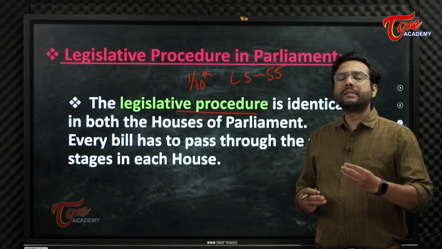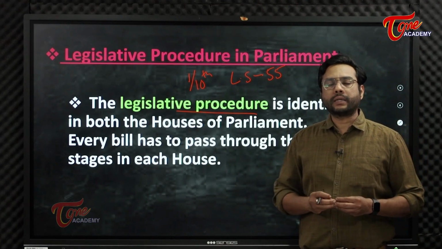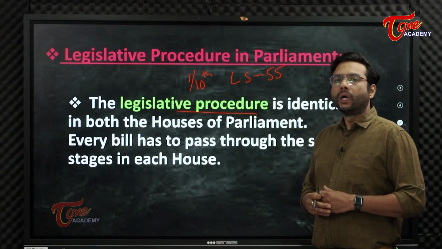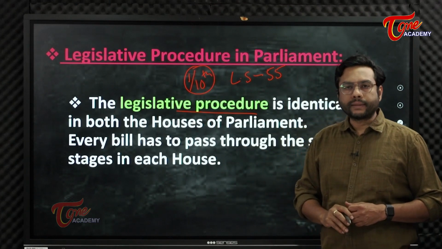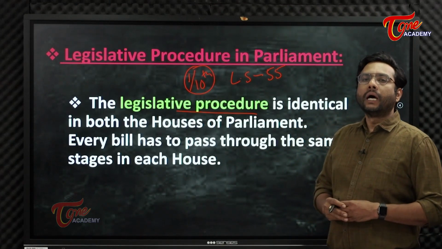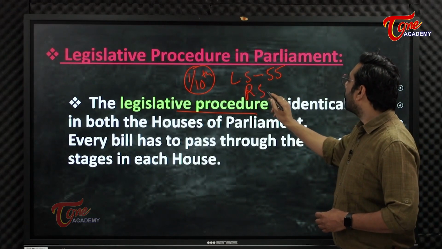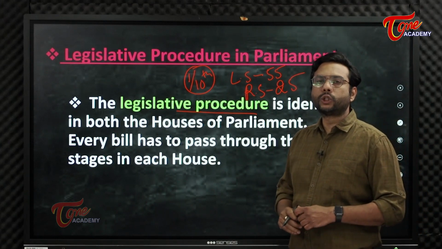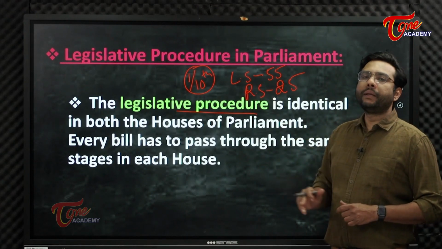To start the business of the house, a minimum number of members of that house need to be present. That is what we call a quorum. Similarly, in Rajya Sabha, a minimum of 25 members need to be present to run the house. This is the minimum quorum.